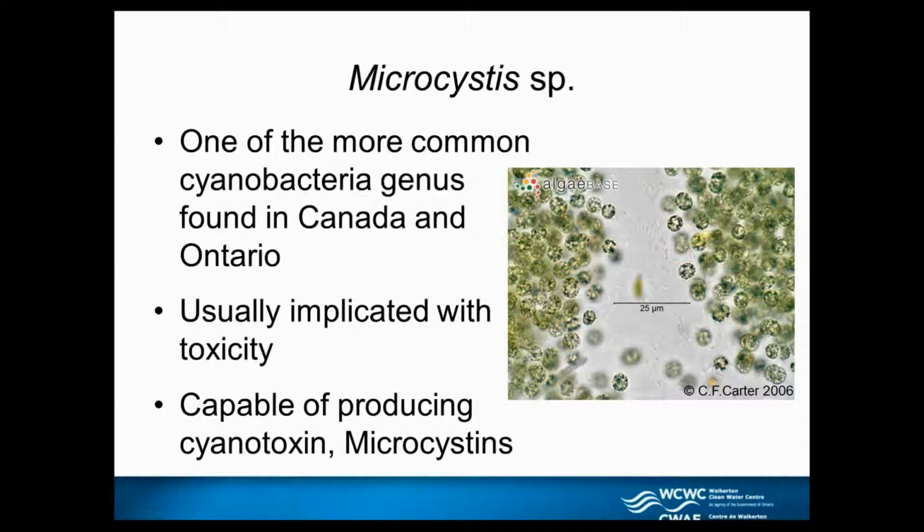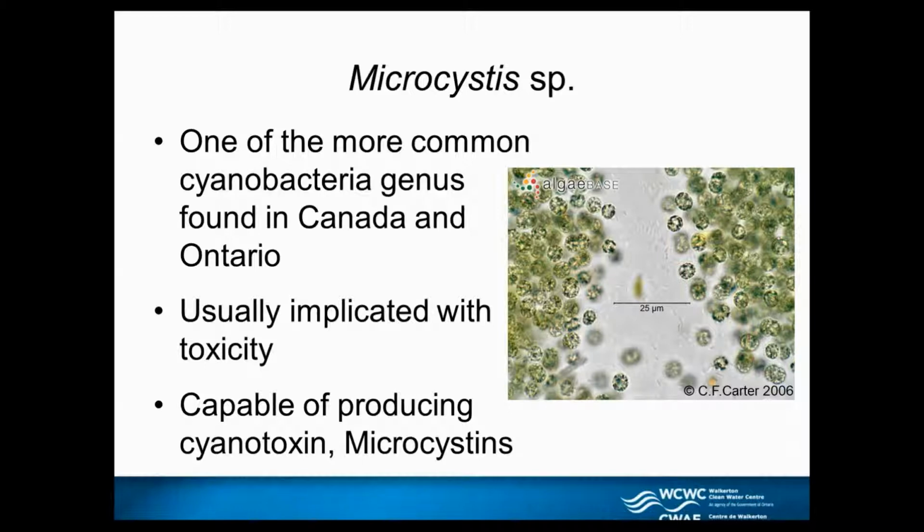Usually it's implicated with toxicity. It can produce the specific toxins, microcystins. But Microcystis is not the only producer of microcystins. There are other genera that can produce microcystins, such as Planktothrix or Nostoc, or also Anabaena is another example.